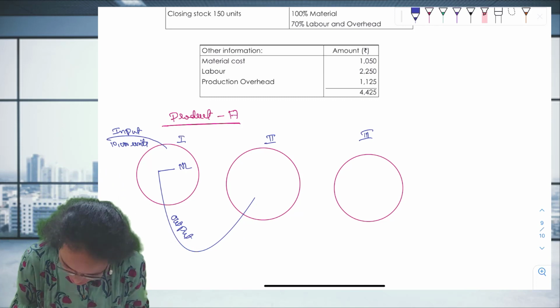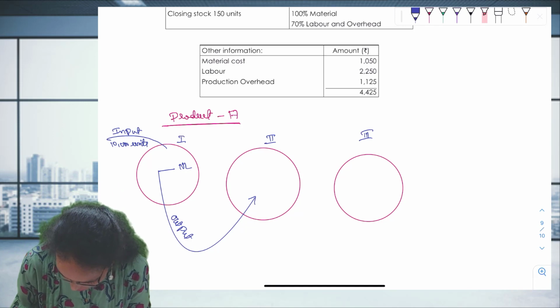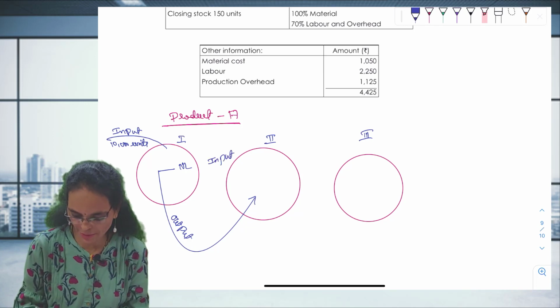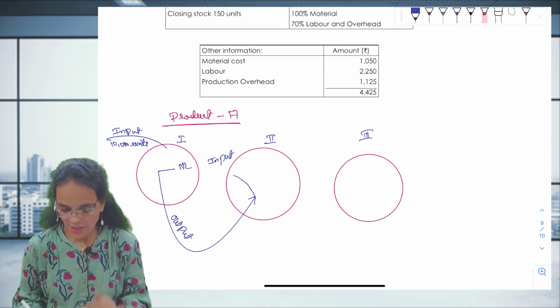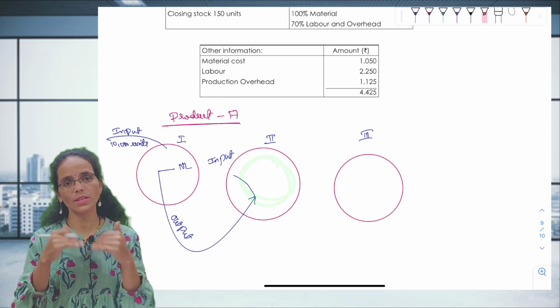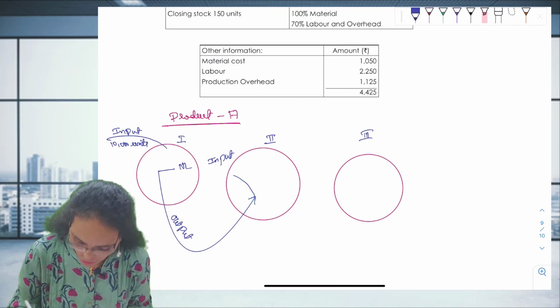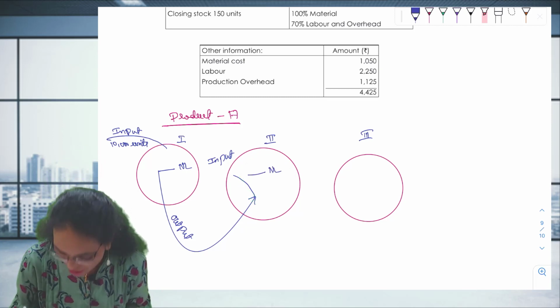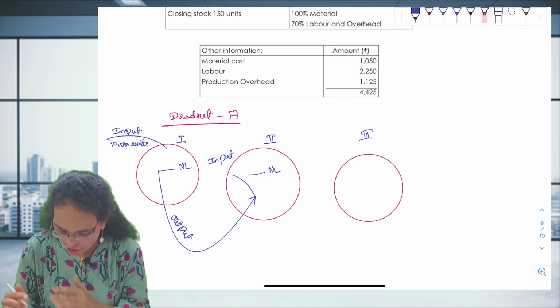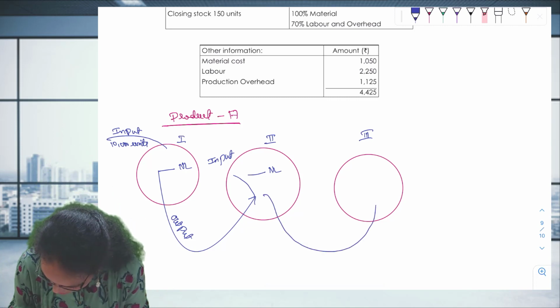Again there will be processing, and during the process something is lost as normal loss. Then the remaining units will be transferred to the next process.